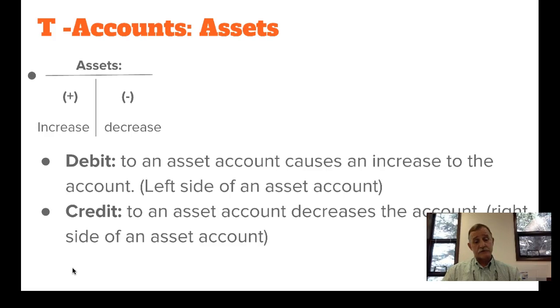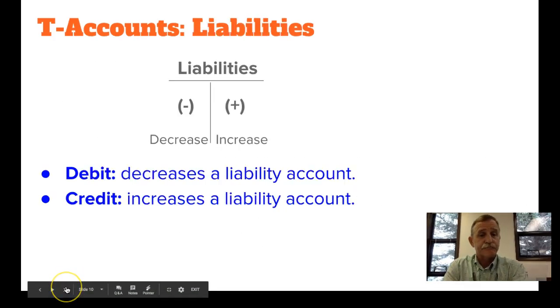Now we could have several debits and one credit, or one debit and several credits. As long as within the whole system they add up to each other for the transaction, then we're in sync, and the accounting equation is kept whole, and it's equal.